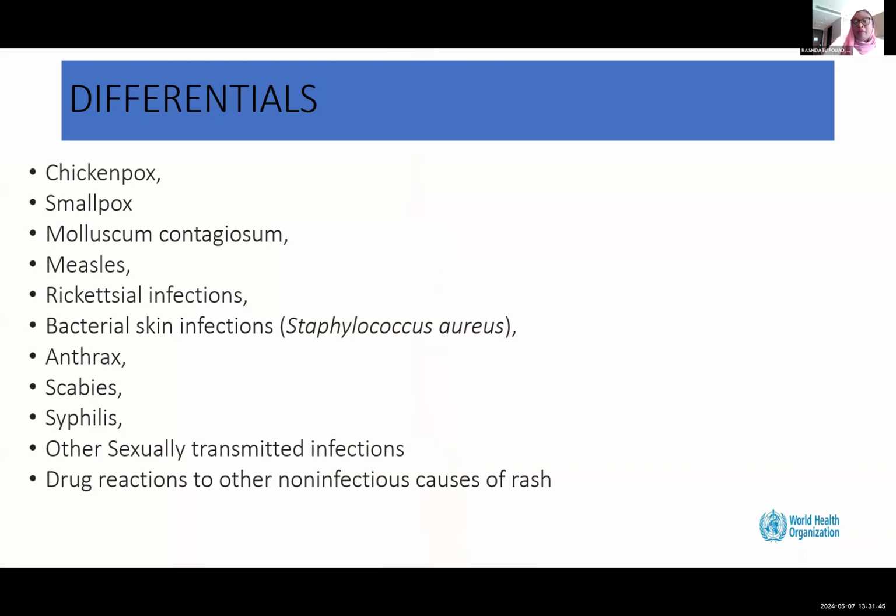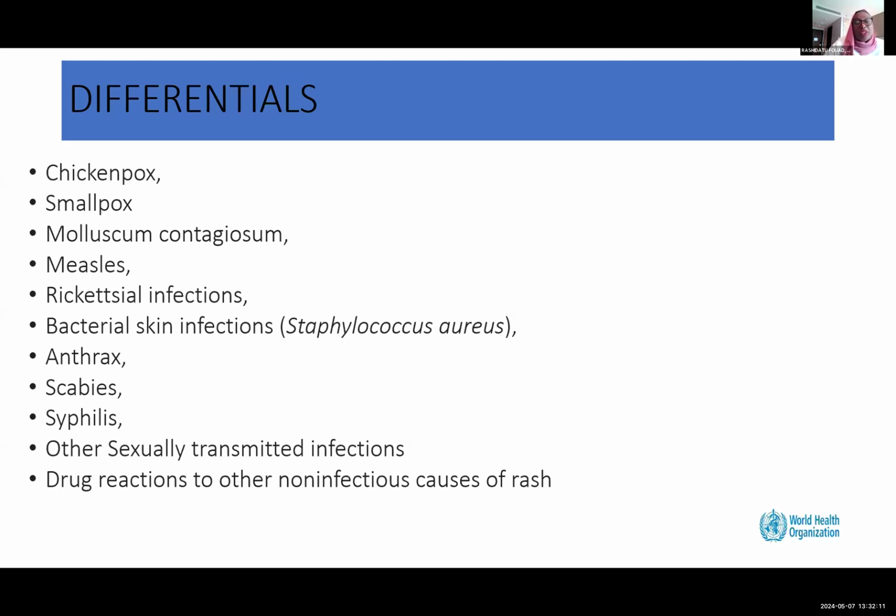When we think of the possibility of that person having mpox, we would also need to consider the likelihood of other diseases. So these are some of the differentials. We'll need to consider chickenpox, smallpox, although this is not so likely because of the eradication. We could also think of molluscum contagiosum.